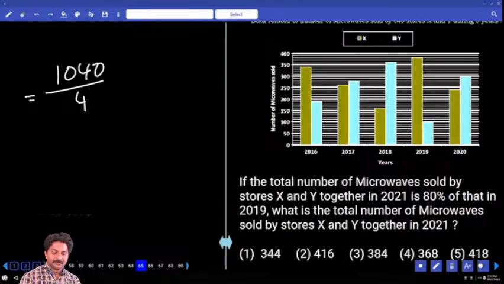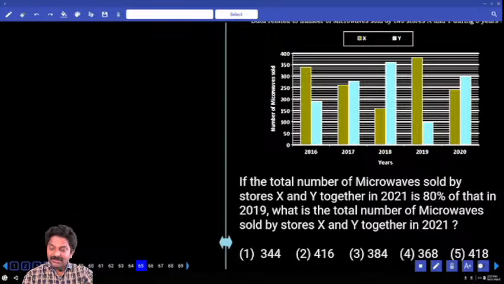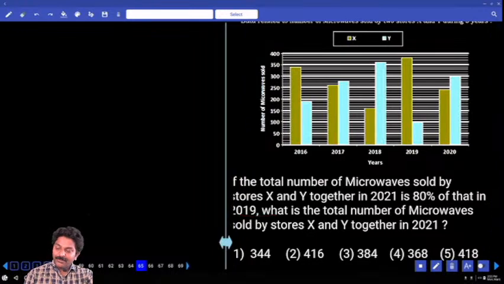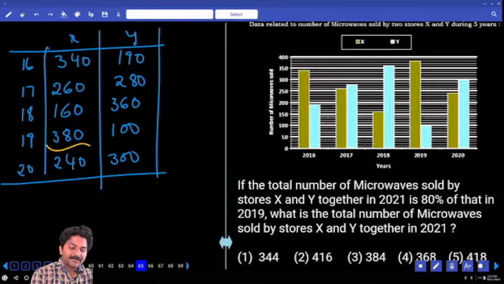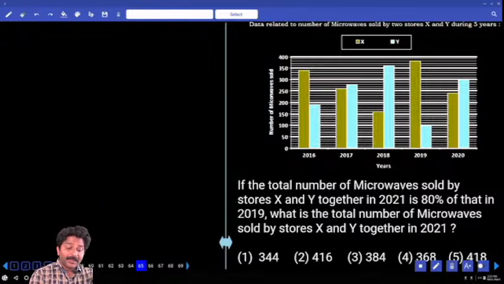Yes. The total number of microwaves sold by stores X and Y together in 2021 is 80% of that in 2019. What is the total number of microwaves sold by stores X and Y together in 2021? Value depends on 2019 data. 2019, let's calculate the sum of both the numbers. 480.